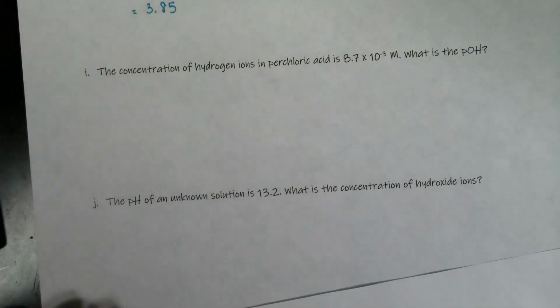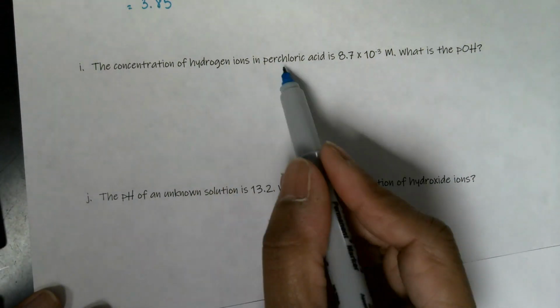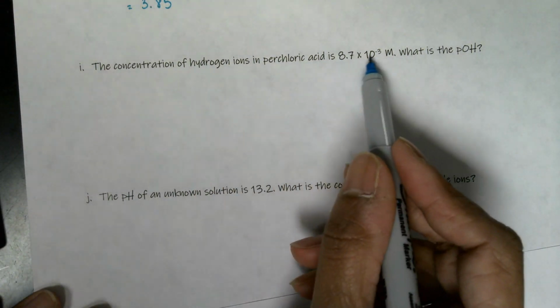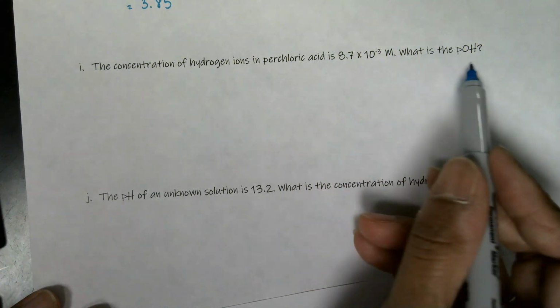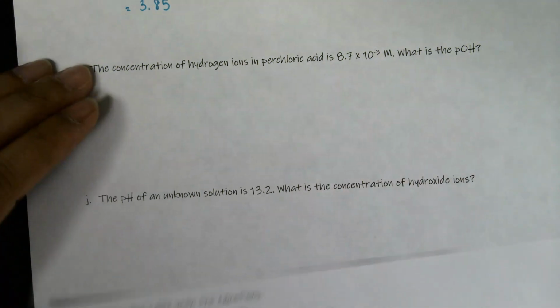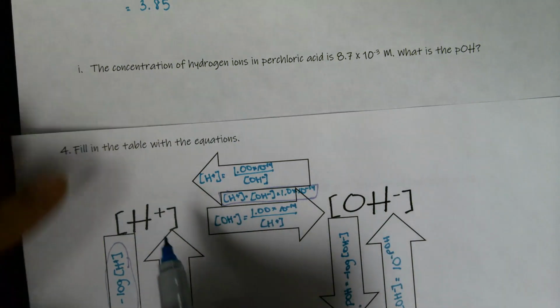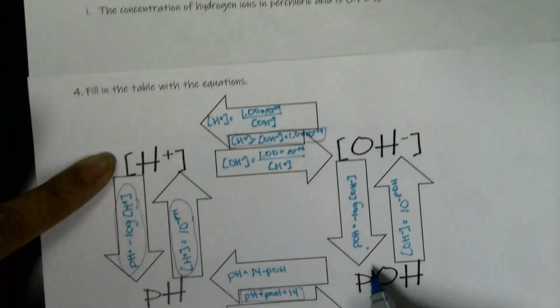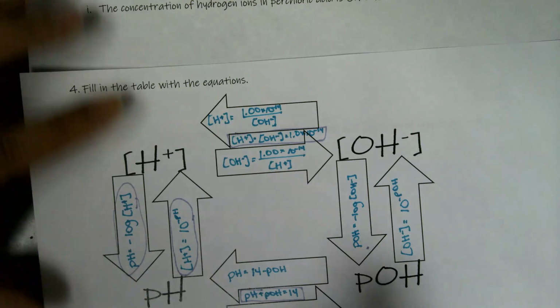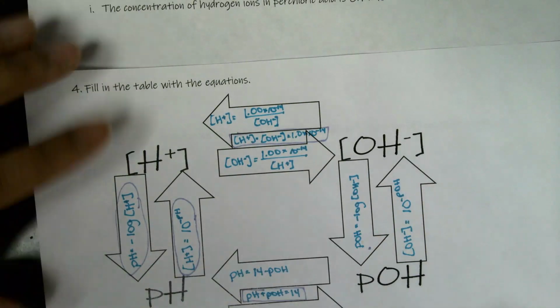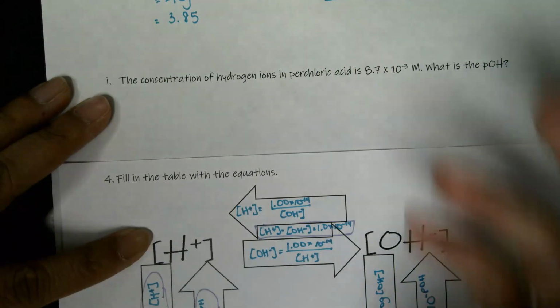For I, the concentration of hydrogen ions in perchloric acid is 8.7 times 10 to the negative 3 molar. What is the pOH? So I have this, and I want to get down here to the pOH. Pick either route that you would like. Maybe I'll do this route.